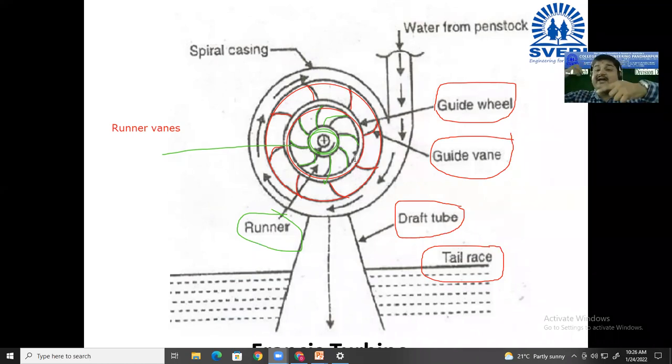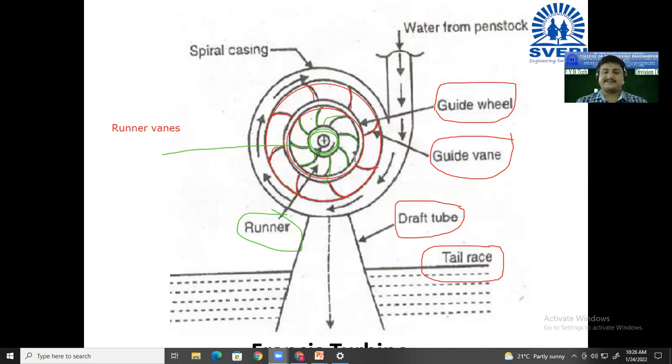And these runner vanes are in a rotating position that can move. Guide wheel and guide vanes are fixed, but runner wheel and runner vanes are movable.